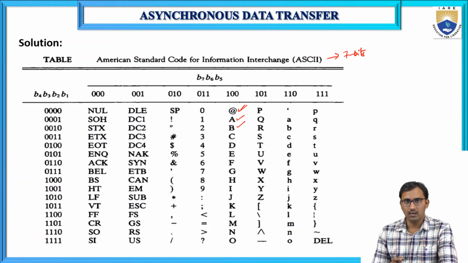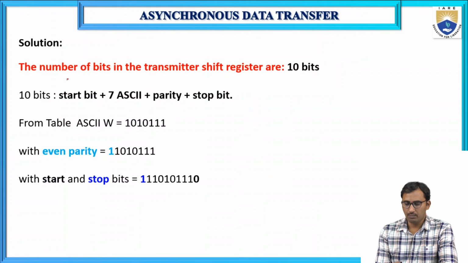As stated in the problem statement, we are transmitting the letter W from source to destination using ASCII. So the number of bits in the transmitter shift register is 10 bits.